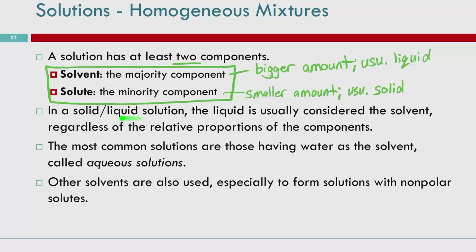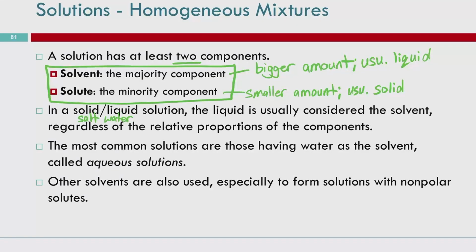In a solid liquid solution like salt water, the liquid is usually considered and called the solvent, even if it's not technically the solvent. You could have more of the solid or the other thing than you have of the liquid. Solvent just generally refers to the liquid in the solution.